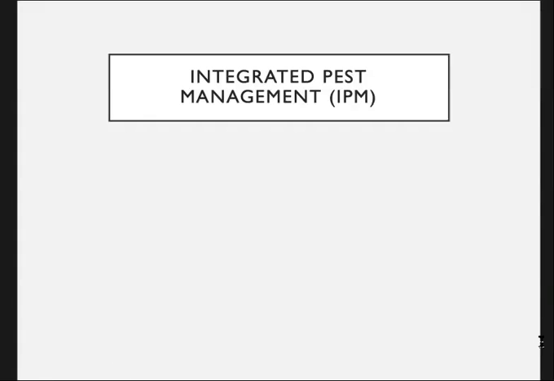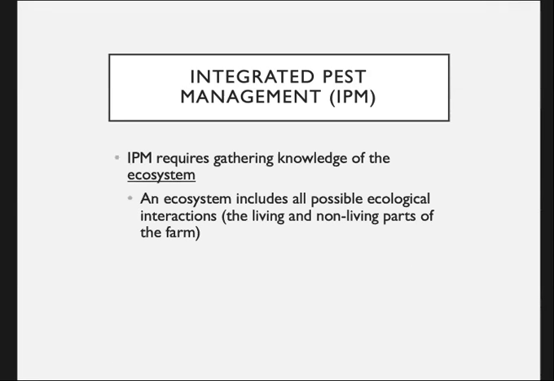So to set the stage and help us define what we mean by IPM, and how it differs from traditional pest management, it's going to be really important to first understand the type of system that we're working in. Being able to approach pest management through the lens of IPM means that we have to acknowledge that our farm or our garden is part of a larger ecosystem.